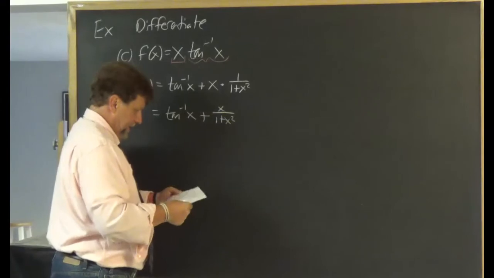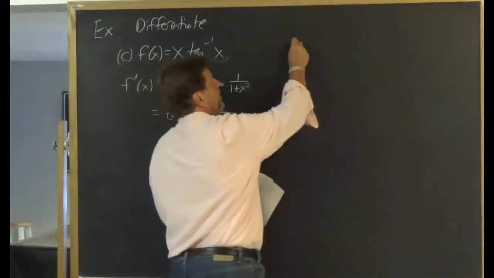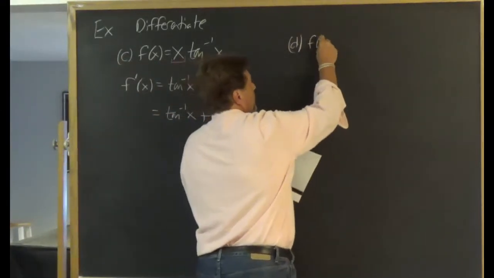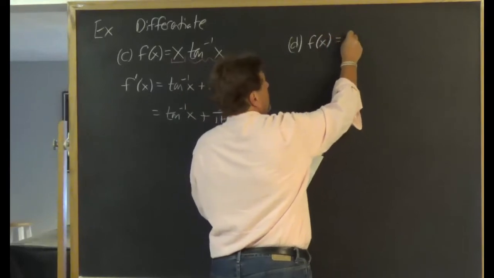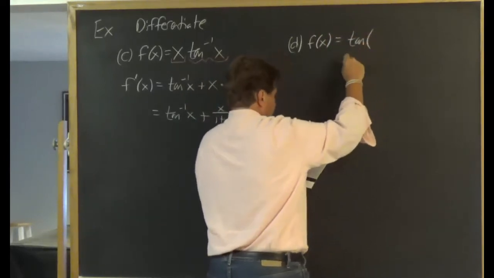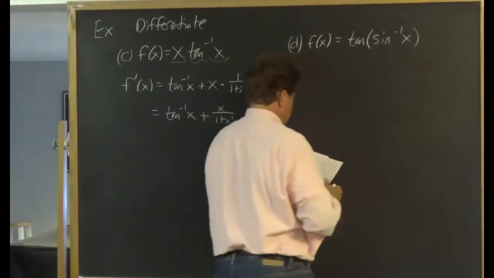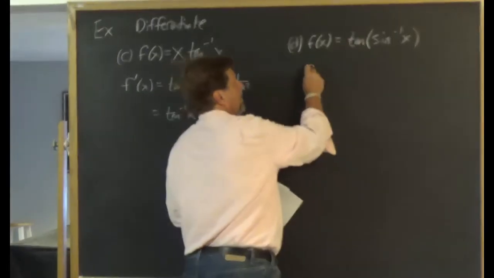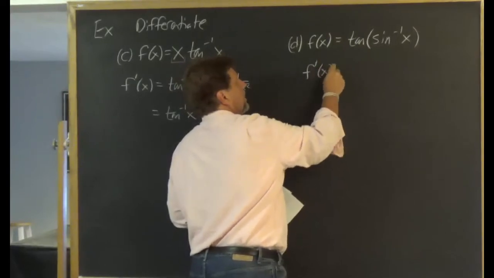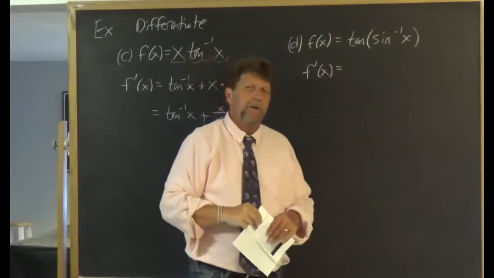And then part D, ooh, D's a good one. You have the function tangent of inverse sine x. All right, so we have to remember, well, what's the derivative of tangent?